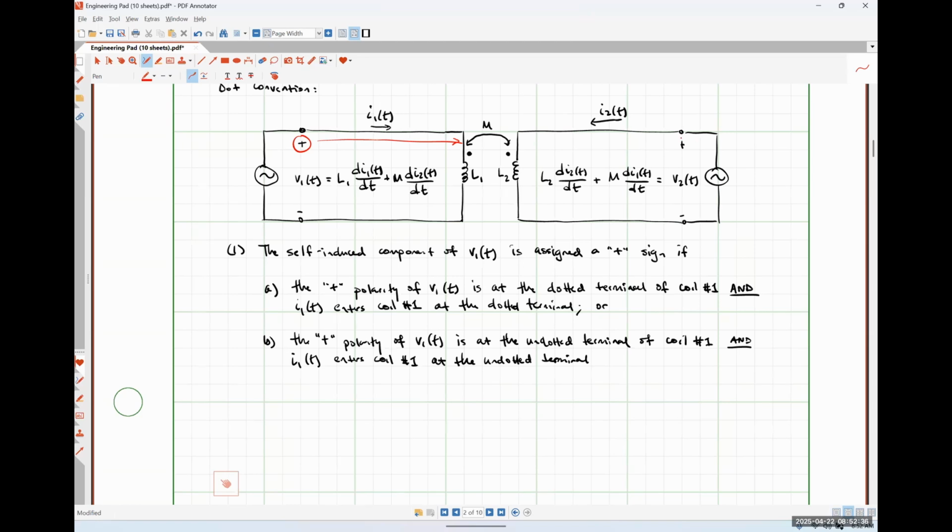Similarly, the positive polarity terminal of voltage V2 is on the dotted side, and current I2 is flowing into the dotted terminal. So the term L2 di2 by dt should also have a positive sign, okay? So those are the rules for the self-induced term. And as we work examples, this will become clearer and clearer, okay?